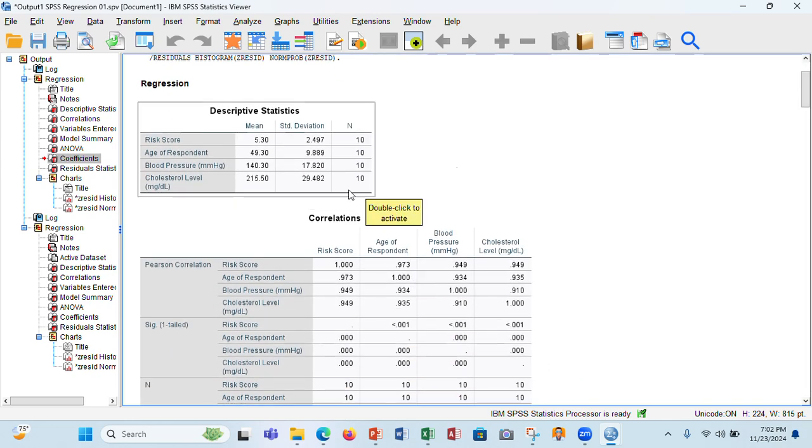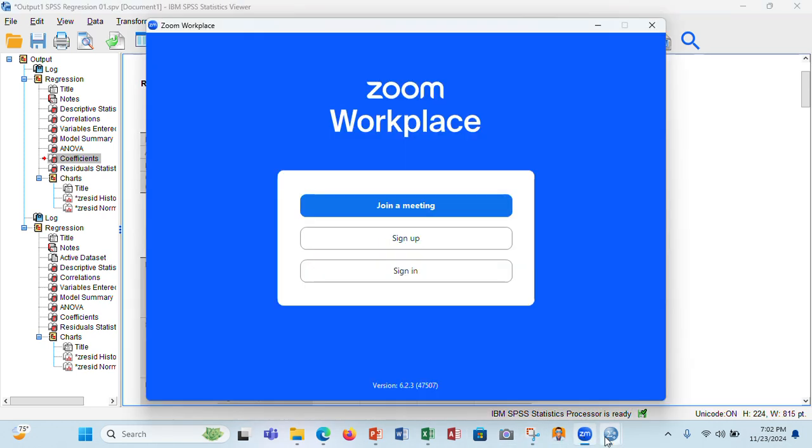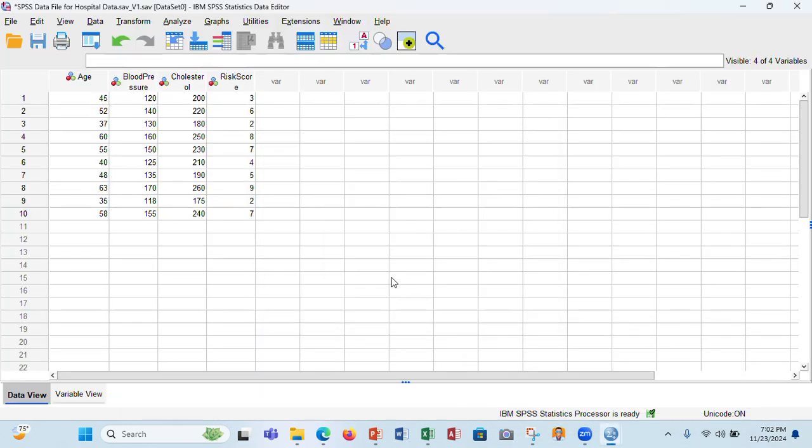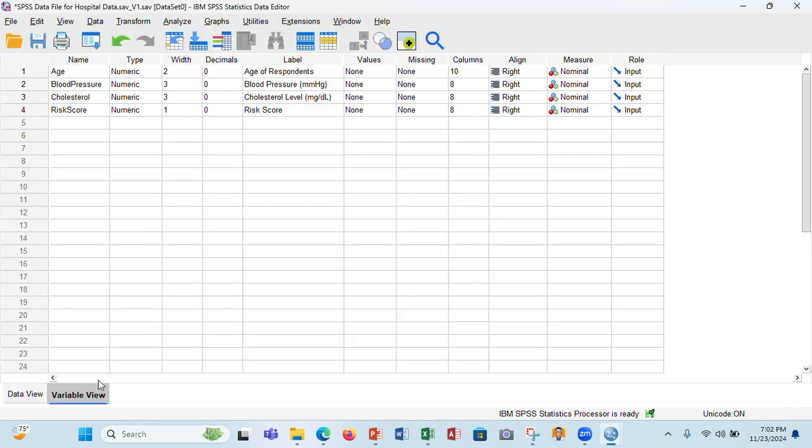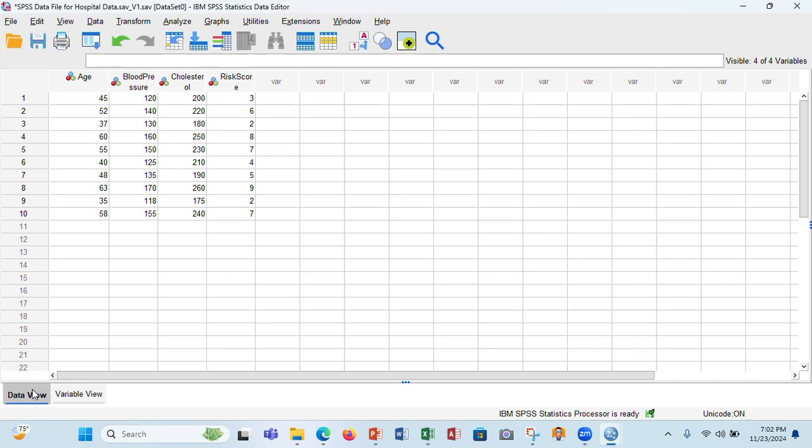So in summary, we've seen how to enter data in our SPSS. When you open your SPSS, you need to first look at the sheet called the variable view. We then populated our data in the variable view, and each column name contributes to the columns in data view.